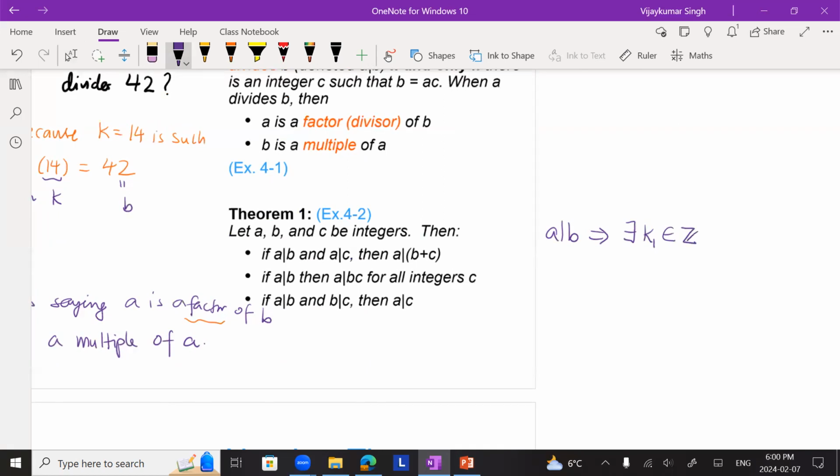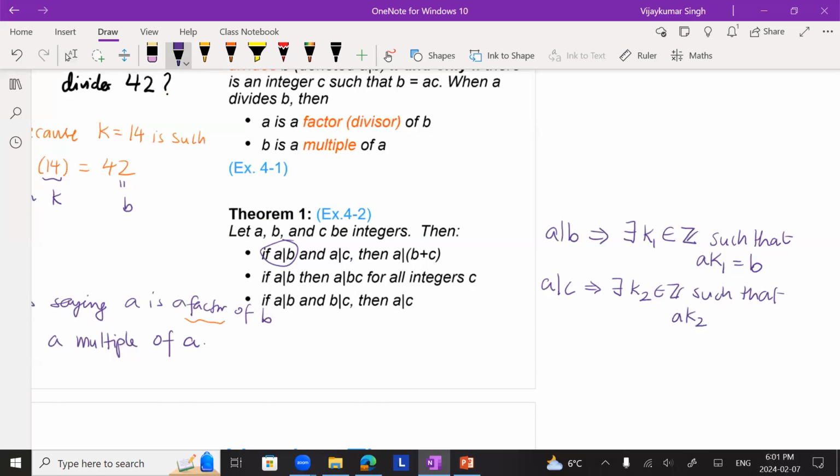So I will use K1 belongs to Z. If you don't like this symbolism, you can say K1, an integer, such that AK1 is B. All right. This is the meaning of the statement A divides B. Now let's look at the second statement. What is the second statement? A divides C, so A also divides C, that is given to us. This implies there exists K2 belonging to Z such that what?